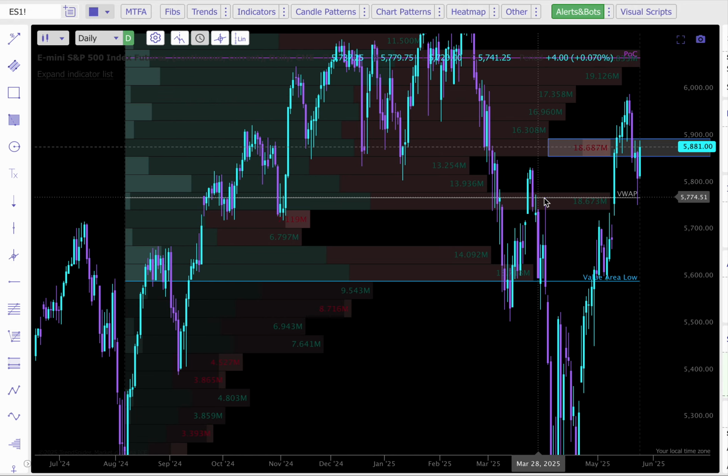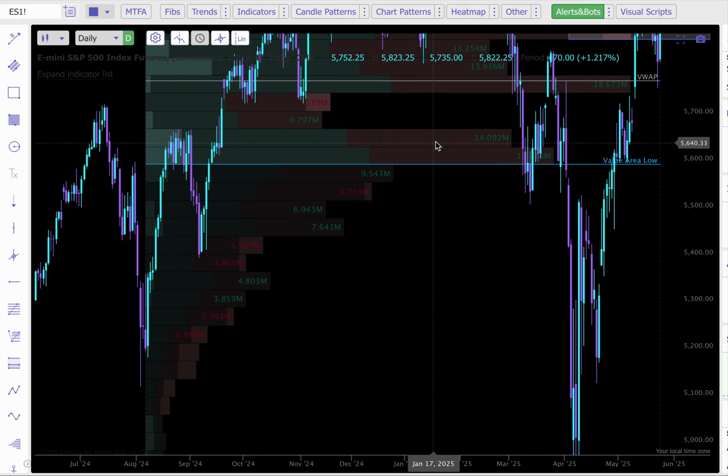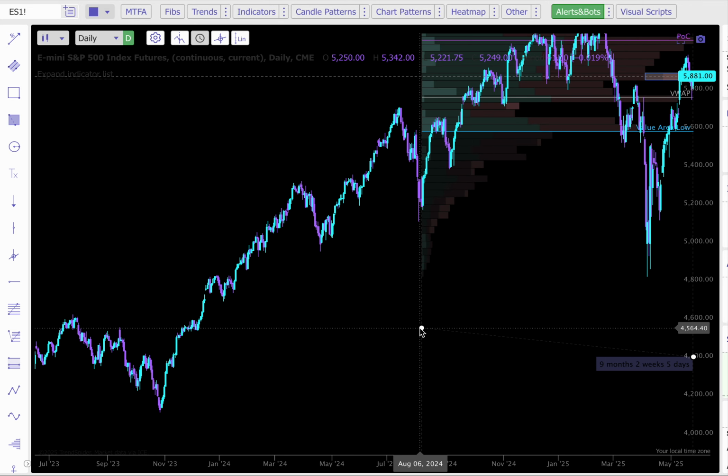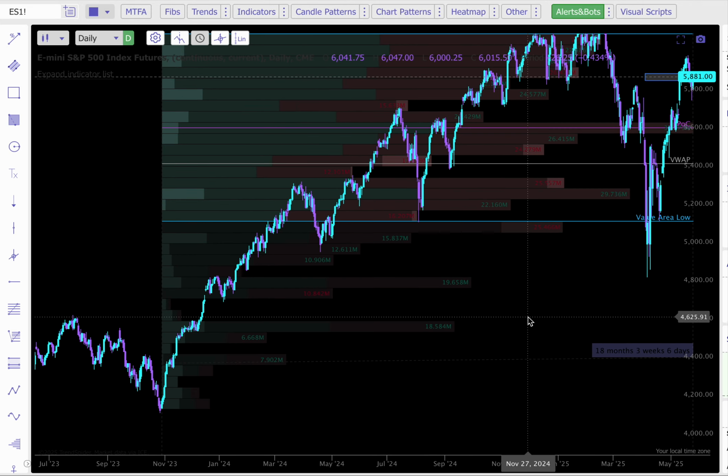If we were to break beneath all of this, this would be the next volume block. So now you start looking at levels down here because we have this weird gap. Look at these levels down here. And then as we do that, you need to start pulling from back here to get lower levels. So as we pull from back here, you can see everything updates. Now all of a sudden this 4230 level is pretty important.